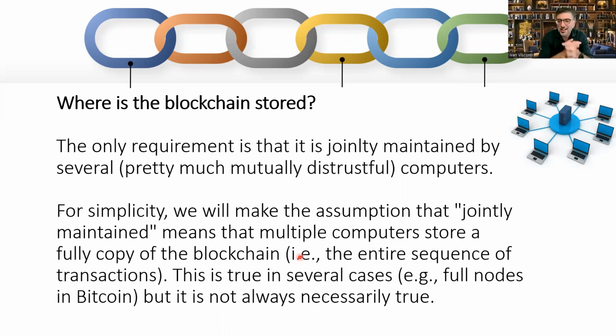This is actually a very concrete assumption, because in deployed blockchains, this is what in general happens. It's not necessarily always the case. There can be all possible ideas to store the blockchain in an even non-natural way. But if you consider Bitcoin, that is the mother of all blockchains, this is what happens. There are full nodes that are precisely nodes that store the entire sequence of transactions that have been generated from the Genesis block until now.